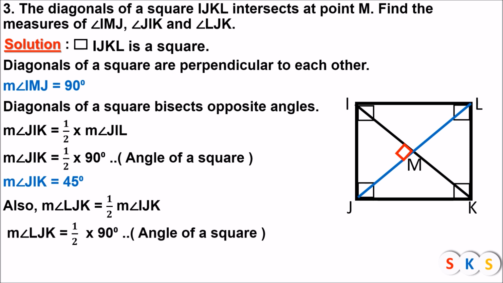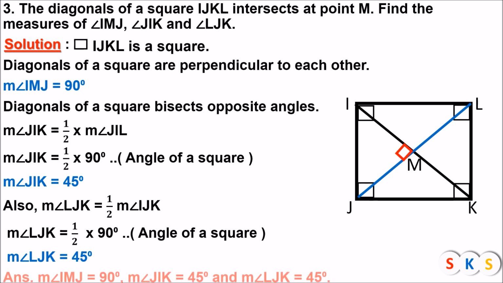And what is measure of angle IJK? It's 90 degree. Why is angle IJK 90? Since it's an angle of a rectangle. So half of 90 degree will be 45 degree. So measure of angle LJK equals 45 degree. So we got here measure of angle IMJ, measure of angle JIK and measure of angle LJK.